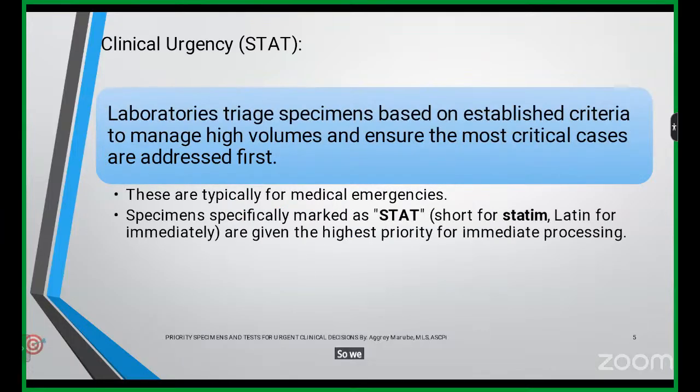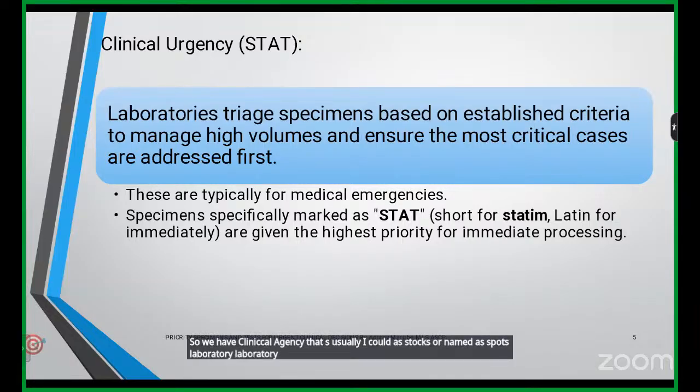There are key aspects of specimen prioritization, and we are going to look at them. So we have clinical urgency, usually named as stats. Laboratories triage specimens based on established criteria to manage high volumes and ensure the most critical cases are addressed first.